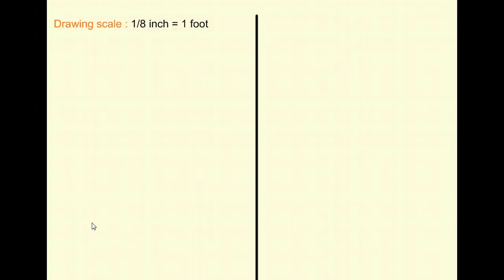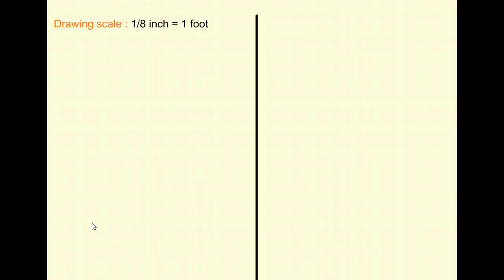The scale on the drawing shows the length of the line on the drawing and how it compares with the length of the line on the corresponding object. So, if on the drawing it says 1/8 inch equals 1 foot, you have to determine in a proportion what that represents.